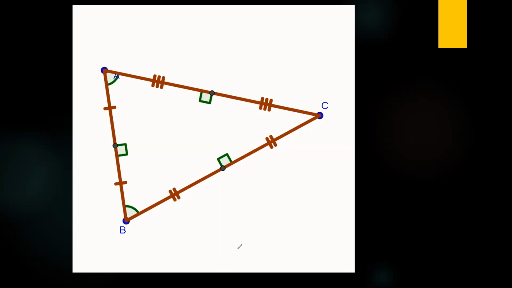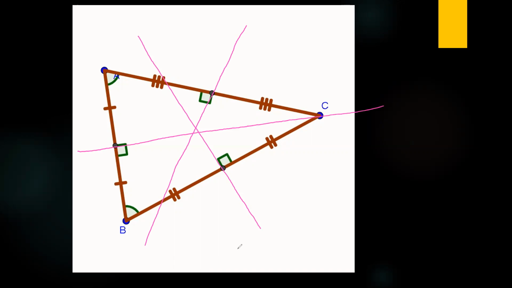The first one, perpendicular bisectors, means the lines are drawn perpendicular to the sides. So we call it a perpendicular bisector.